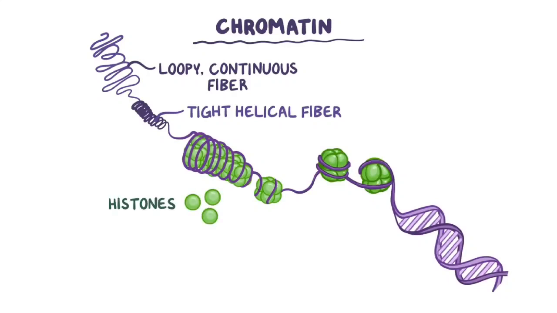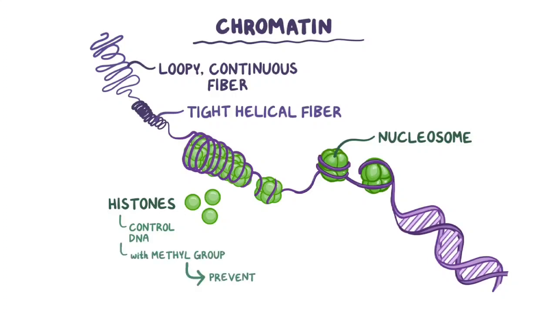Basically, 8 histones get packed together in 4 stacks of 2, and the double helix DNA wraps around them twice. Together, these 8 histones and the DNA wrapped around them are called a nucleosome, and they look kinda like beads on a string. Now, the histones help control the DNA that runs around through them. If the histones have a methyl group attached to them, they prevent that chunk of DNA from getting transcribed.